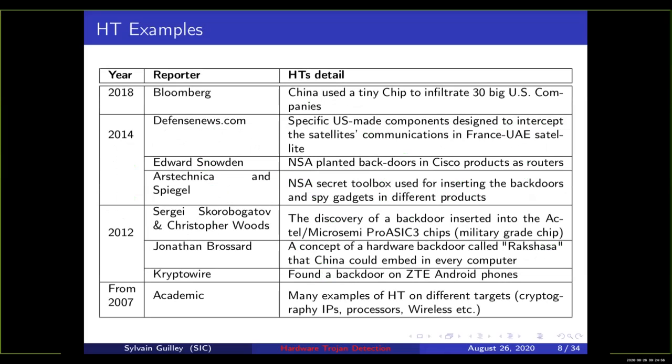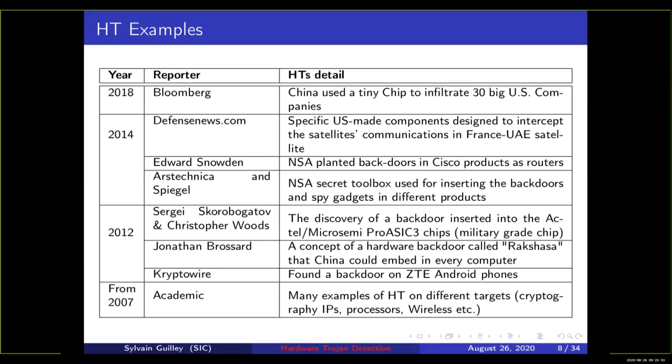Okay. So Trojans are out in the field. You've been hearing most of those news because they were actually published and so the media got a lot of traction on that. There was this China versus US spying, you know, on some of the chips used in the USA.